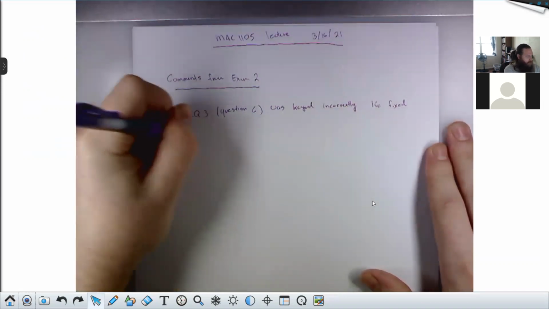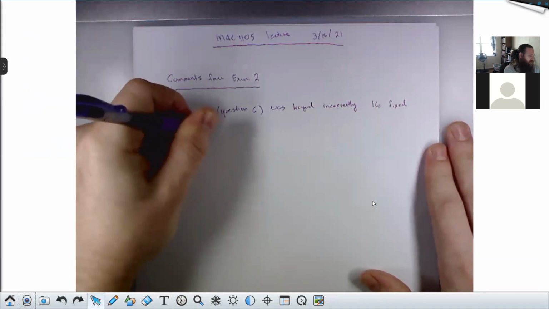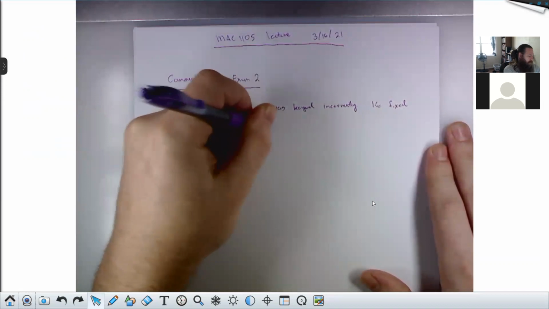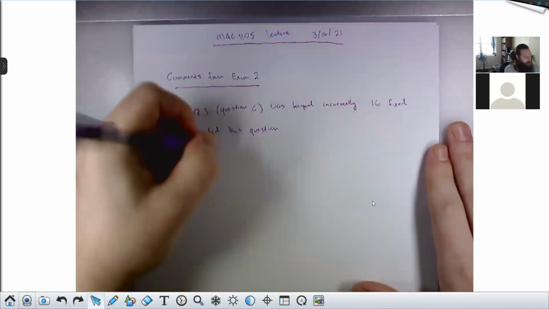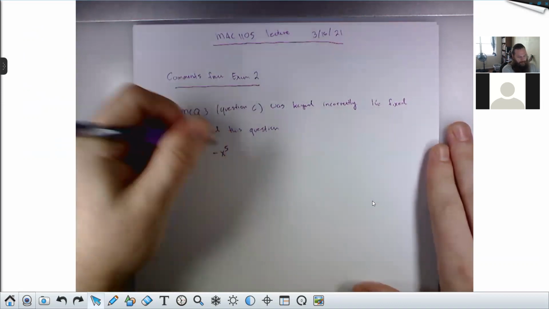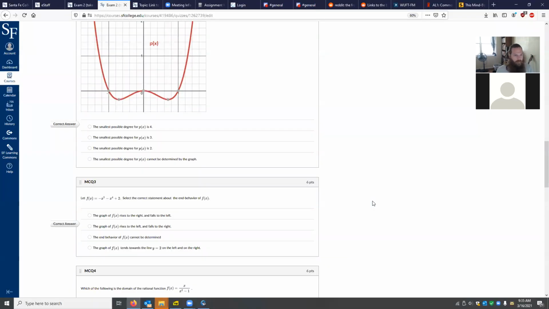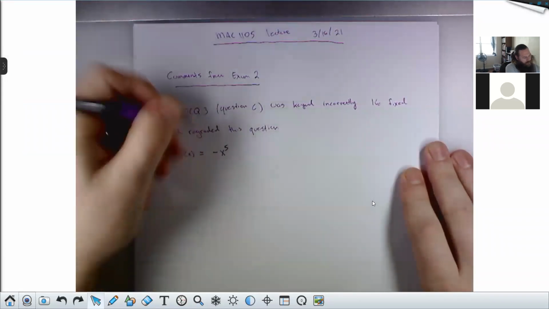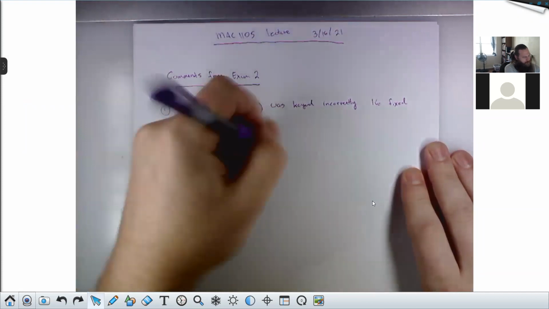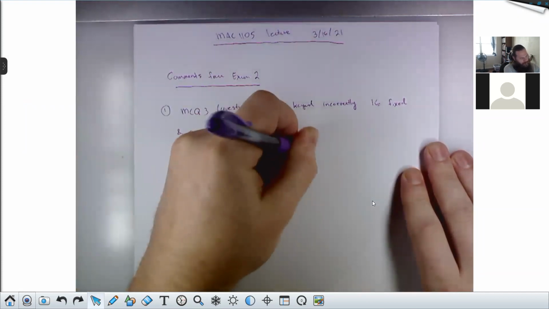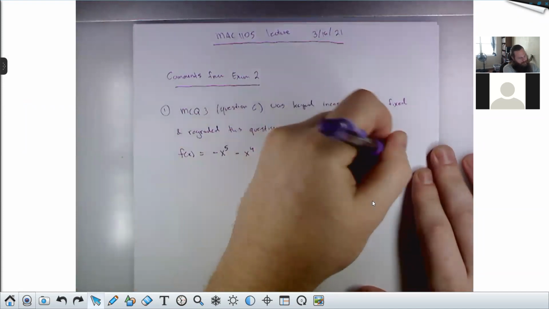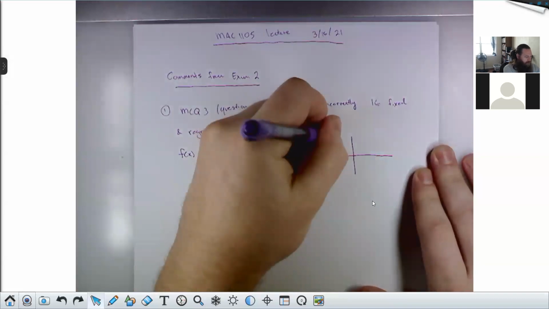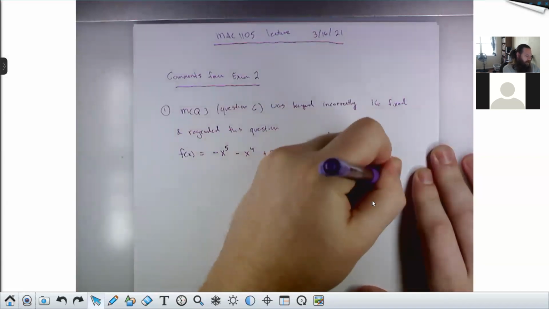Fixed and regraded those. Negative x to the 5 minus x to the 4 plus 2. The end behavior of this, because it's an odd degree and a negative lead coefficient, is going to look like this.